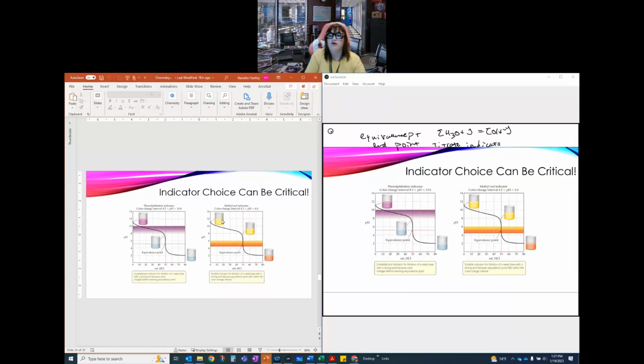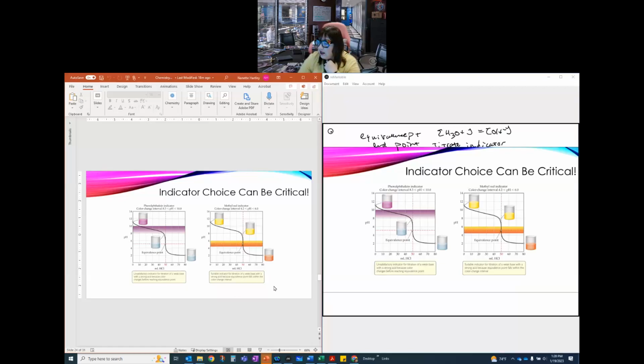So it usually takes some volume beyond the equivalence point to get to a point where I can see it. The difference between that end point and that equivalence point is an error. That's called a titration error. So it is something that does exist. You should be able to explain what an equivalence point is, what an end point is, and what we mean by titration error. Okay, so that's all I'm going to say about indicators at this point.